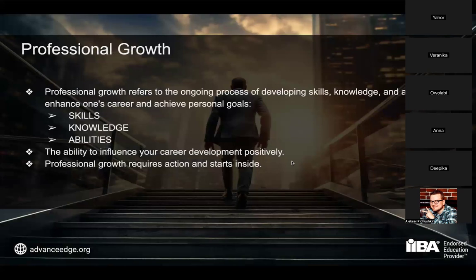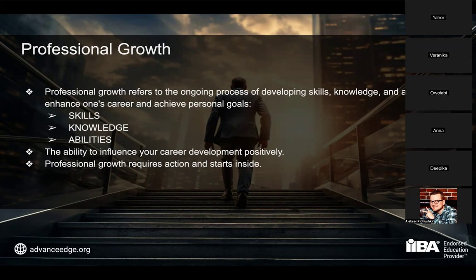Professional growth is defined as the ongoing process of developing skills, knowledge, and practices that help you advance your career. Basically, education doesn't stop after we graduate from the university and start working. If we are interested in professional growth, we should certainly continue our education, and it can be in different formats. It can be courses.